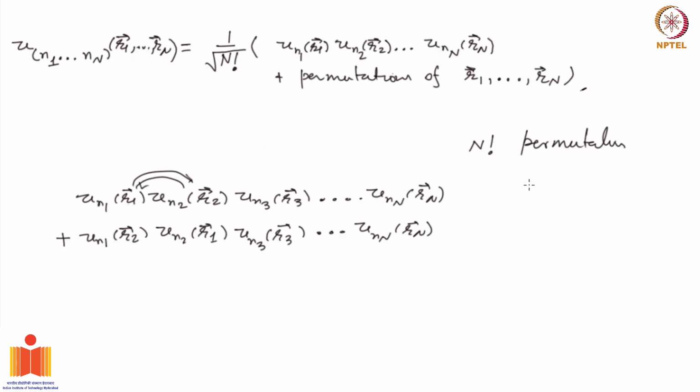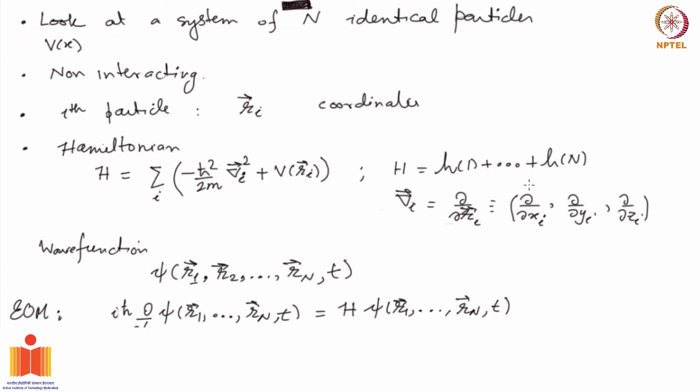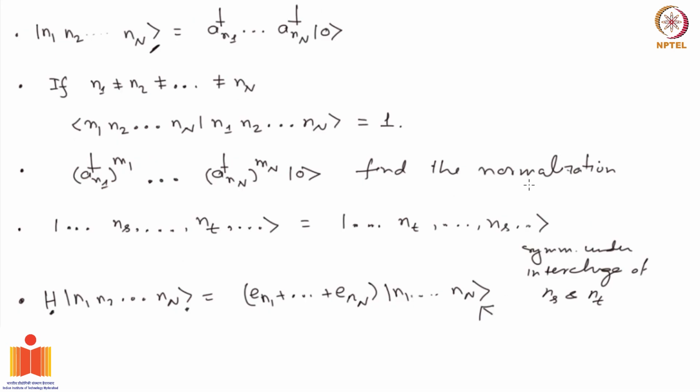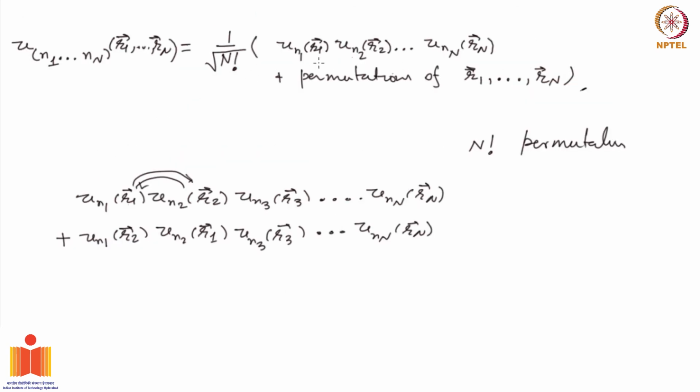Okay, and the symmetry properties are the same under interchange of any two labels. If you interchange any of the two, it's symmetric, and here also we have constructed the states which are symmetric under interchange of any of the two.